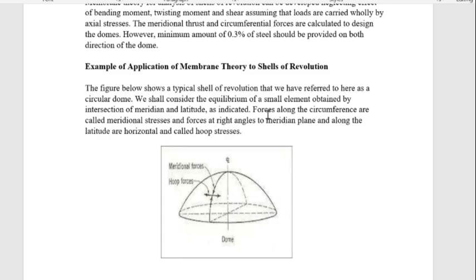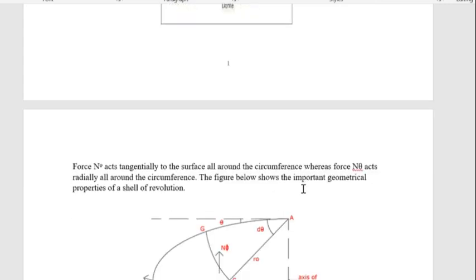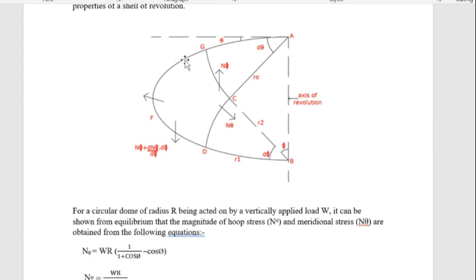Then you get a relationship between the geometrical properties of your dome as shown: the different angles, theta, angle phi, the axis of revolution, and the directions N phi and N theta.